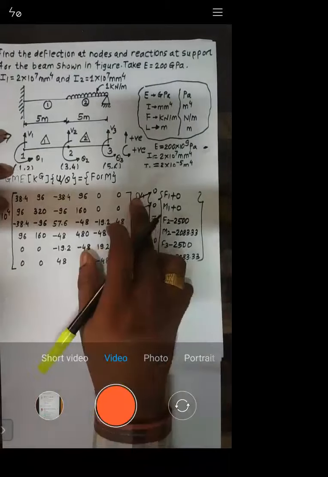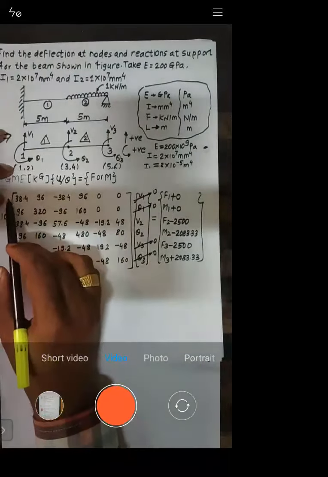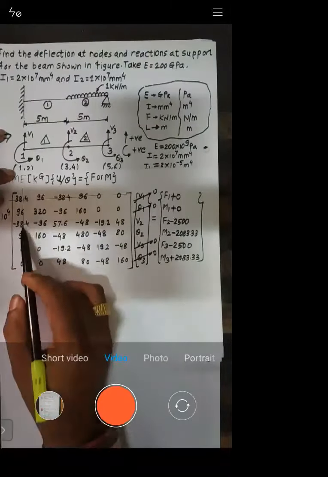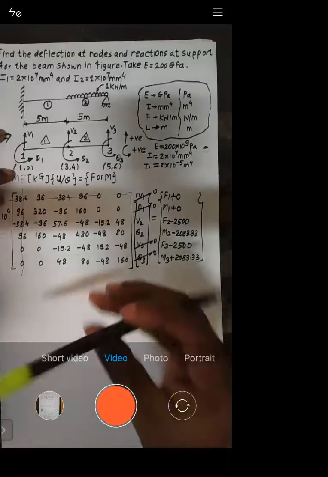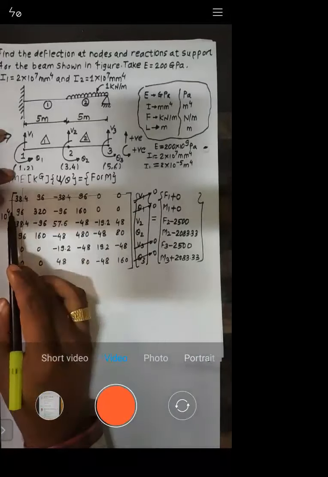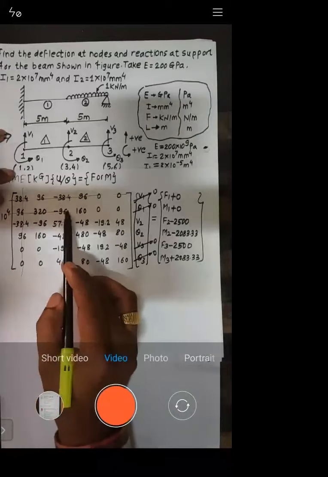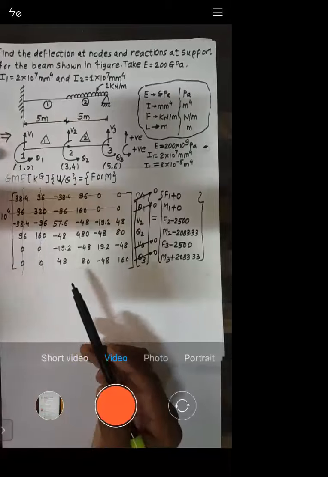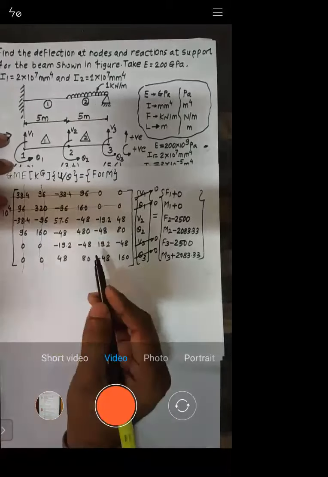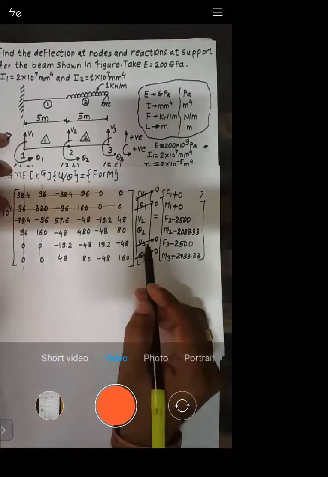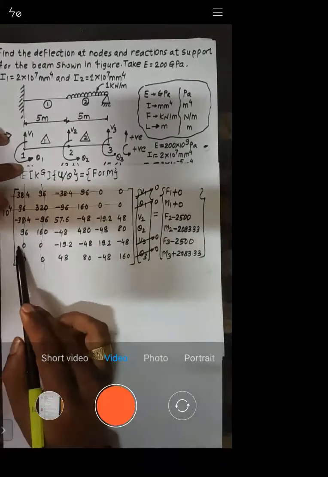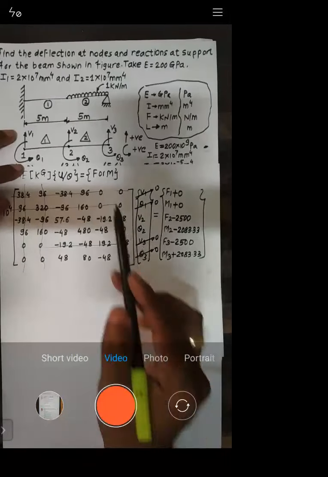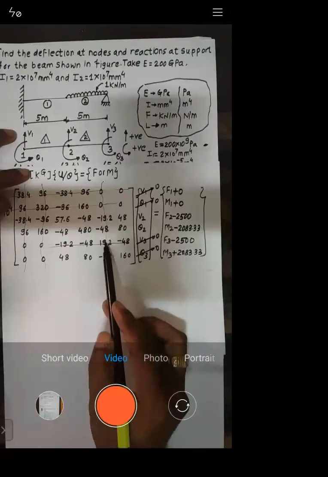So see, when V1 is 0, what happens is this first row and first column gets cancelled, right? Similarly, when theta 1 is 0, this second row and second column gets cancelled. Next, V3 is 0, so this fifth row and fifth column gets cancelled.